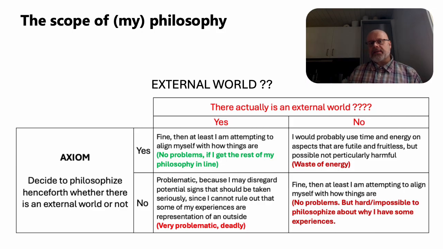Just because I came up with the idea of an external world and I'm going to decide that I'm approaching it as if there is one, doesn't mean that any of it follows from some kind of natural flow of argumentation. I have to decide it for myself. Again, I have to bring in some axioms, right? That might be the next step we're dealing with in epistemology and so on, right?